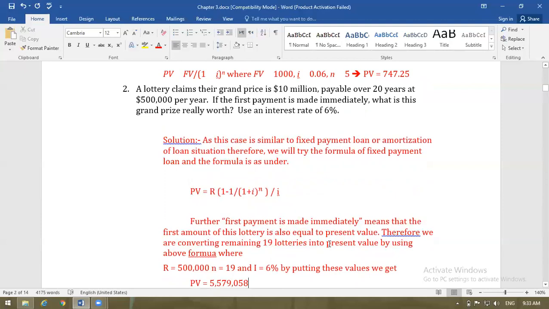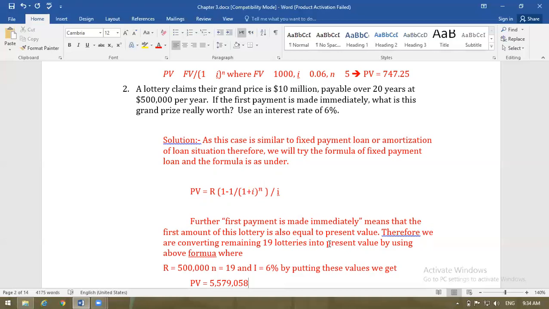Again, I am repeating the question and its solution. There is a lottery game which distributes 10 million among the winner over 20 years at the rate of 5 lakh per year. But the first payment is made immediately and the market interest rate is 6%. So what is the worth of this 10 million lottery game?